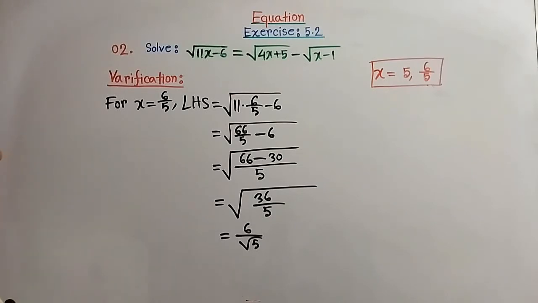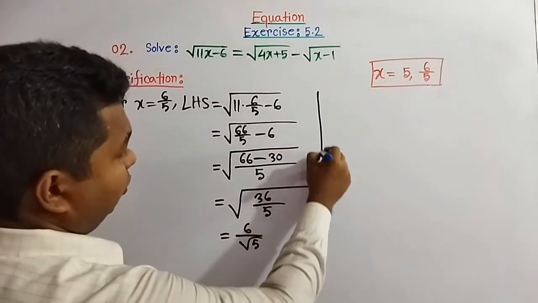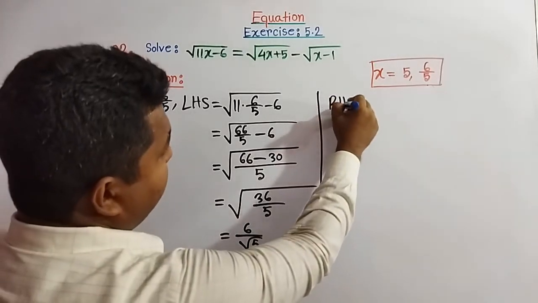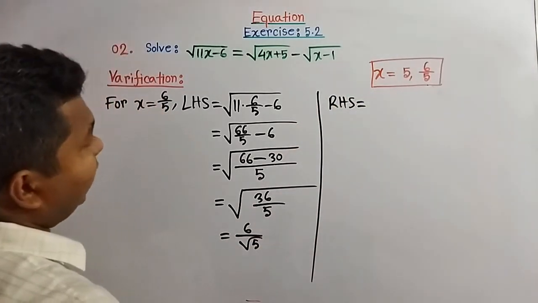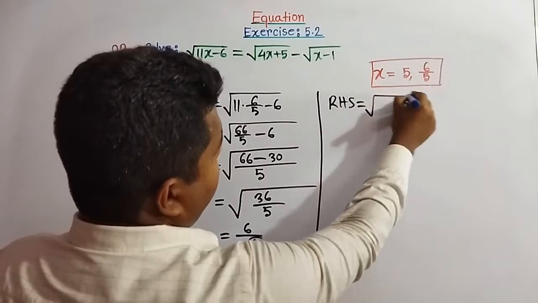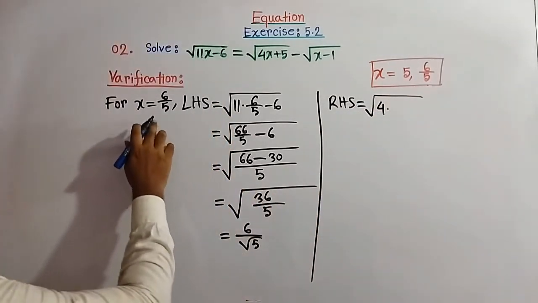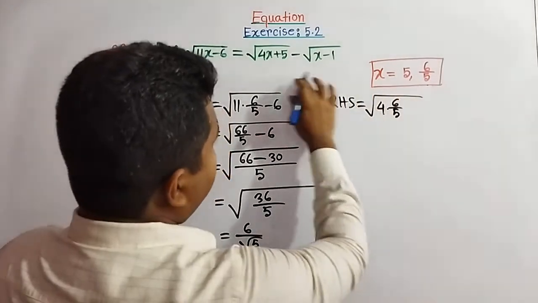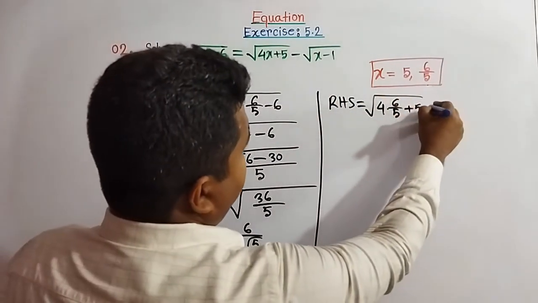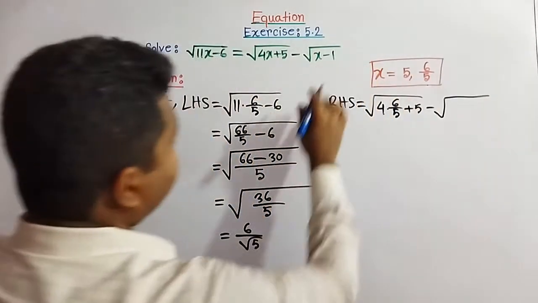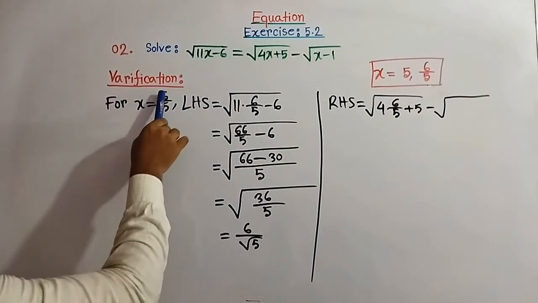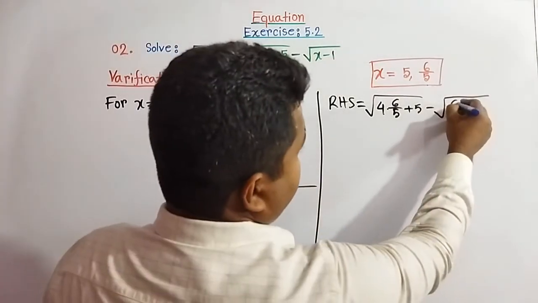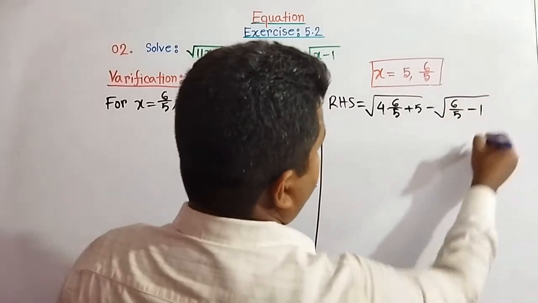Now we show the right hand side. Our right hand side is square root 4x plus 5 minus square root x minus 1. Here x is 6 by 5, so 6 by 5 minus 1.